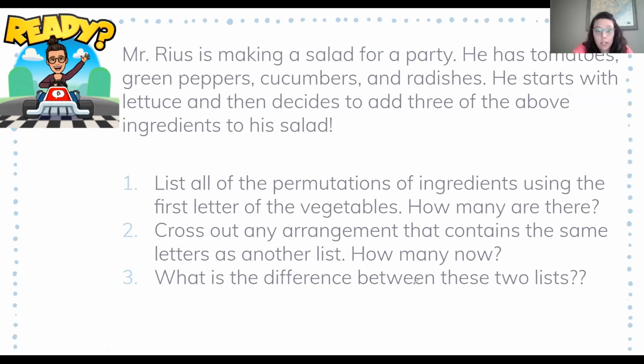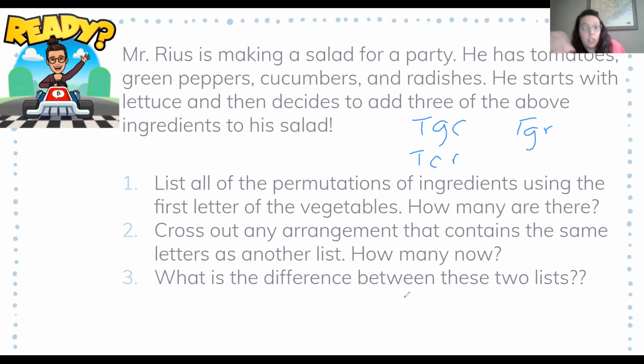So starting with the order that they're already in, I can use tomatoes and then green peppers and cucumbers. Then I could do tomatoes, green peppers, and radishes. I could do tomatoes, cucumbers, and radishes.